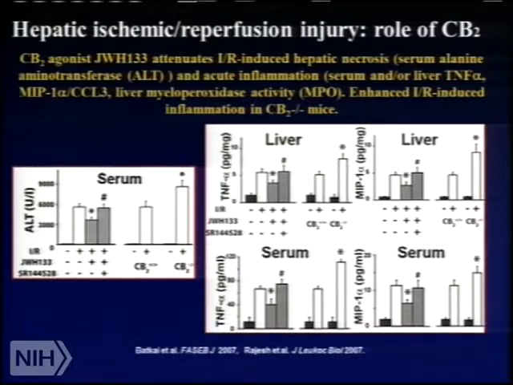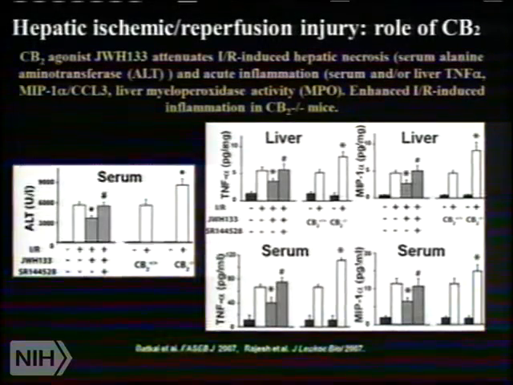And we explored the role of CB2 signaling in the liver. We used a synthetic CB2 receptor agonist, which targets the anti-inflammatory CB2 receptor. So you see the liver enzyme marker of liver necrosis increased. This was attenuated by CB2 receptor agonists, and there was bigger injury in CB2 knockout mice, suggesting that endogenous cannabinoid signaling through CB2 may be protective.